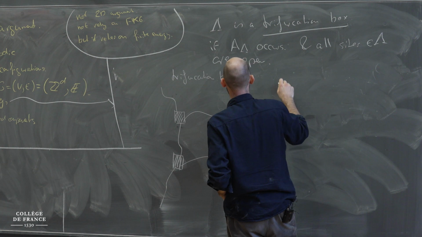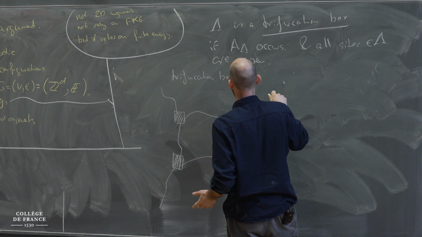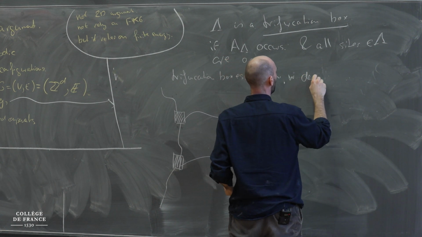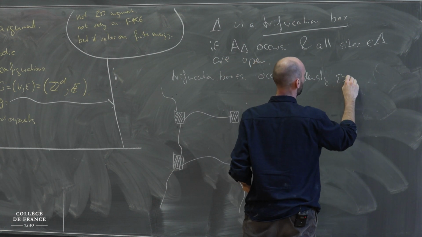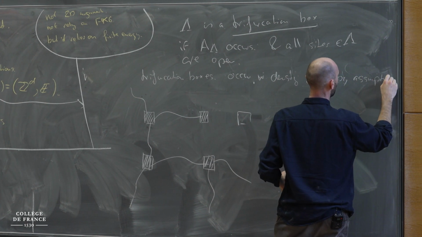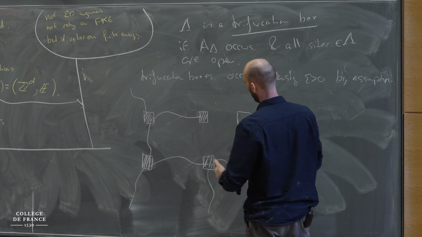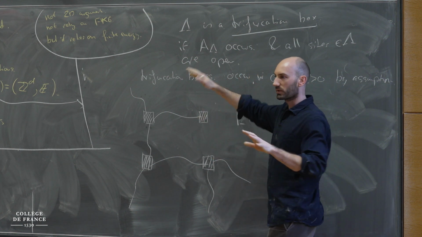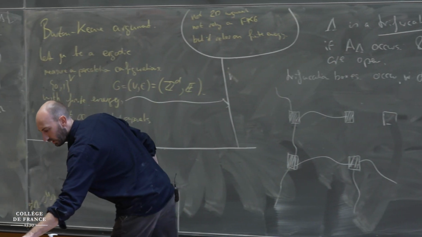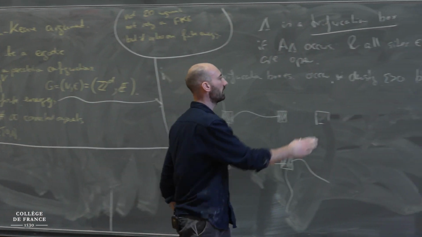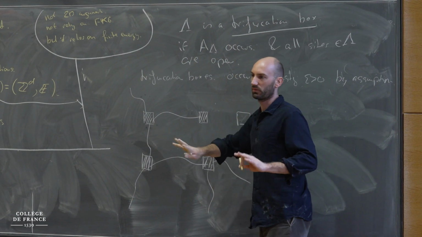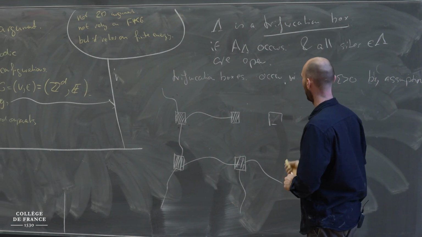But they occur with density epsilon bigger than 0 by assumption. Okay, so we chose lambda. We covered our space by boxes like this. And this epsilon density is fixed, right? It's just a probability that this is a trifurcation box, and therefore the density of trifurcation boxes.